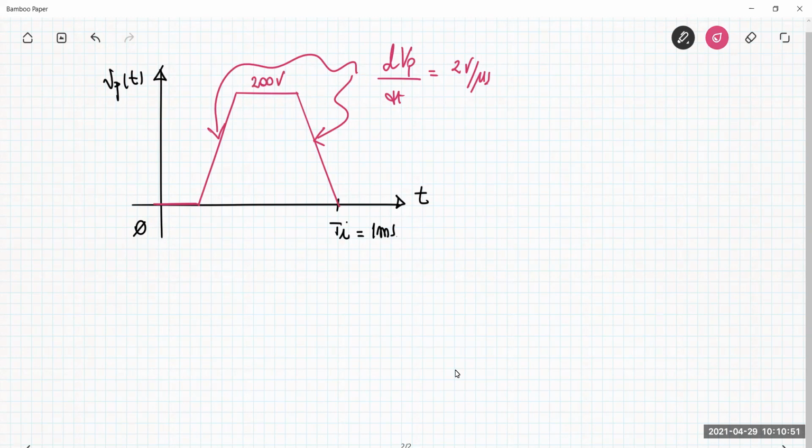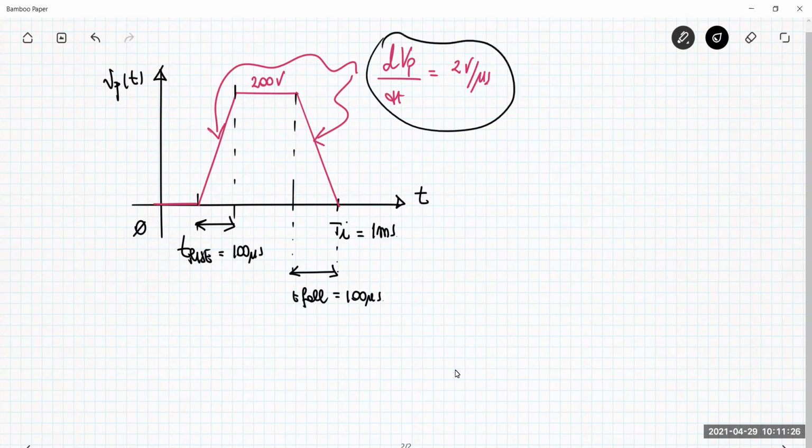So this means that I have a slope here that requires a T rise of 100 microseconds, and T fall under the microsecond. Okay, this is just to say comply with the constraints of having this limitation here for 200 volt. What about the current?